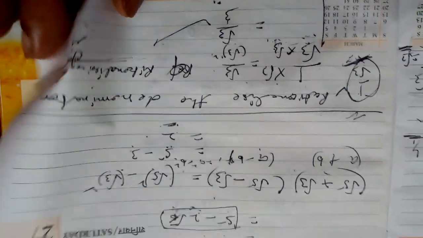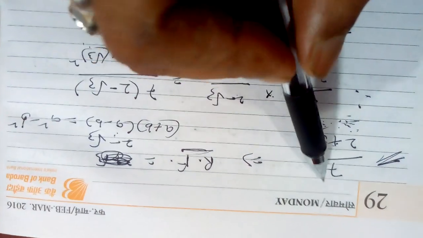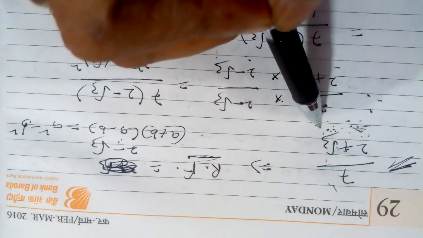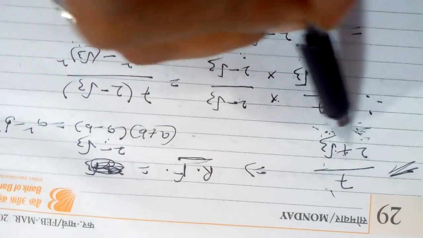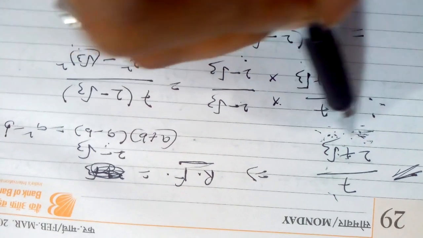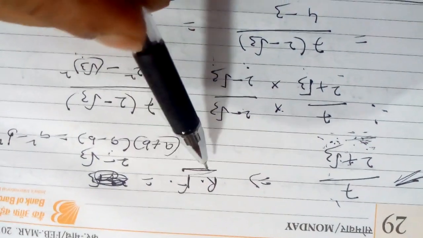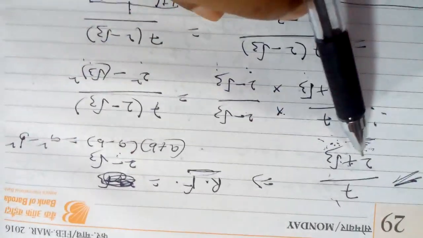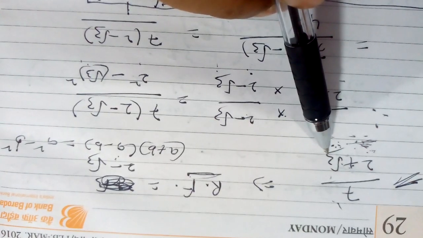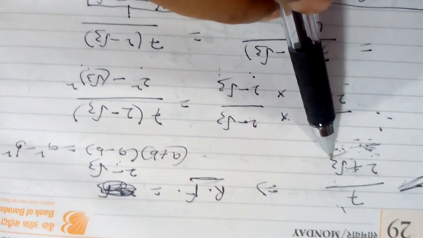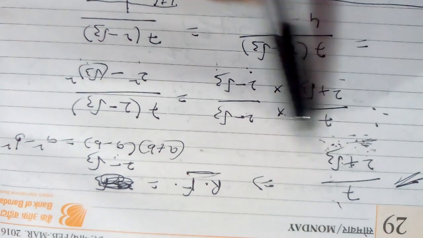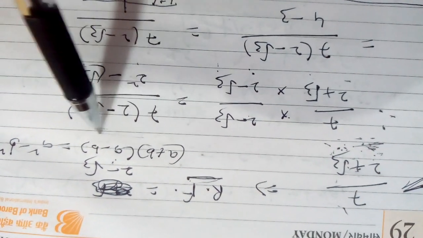But when the denominator has 2 terms, like in another example you will see: 7 upon 2 plus root 3. So what is the RF? RF means rationalizing factor. You want the root 3 reduced into a rational number. So there must be a plus b and a minus b.